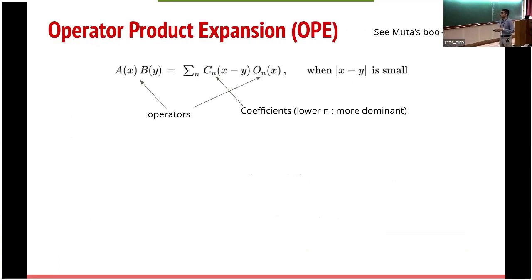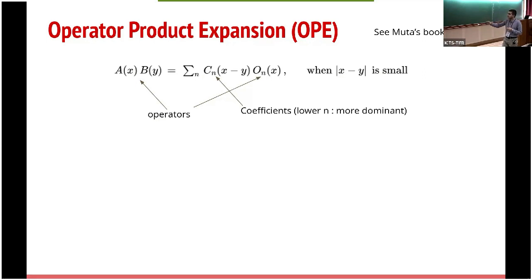The operator product expansion tells you that if you have a product of operators, A evaluated at x and B evaluated at y, you can write this product as a sum of other operators, the O_n, which are regular operators, non-divergent, times coefficient functions, C_n, which are functions of the distance.